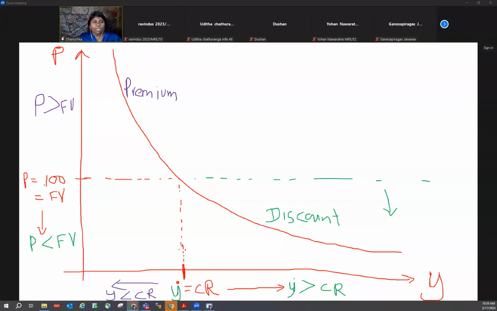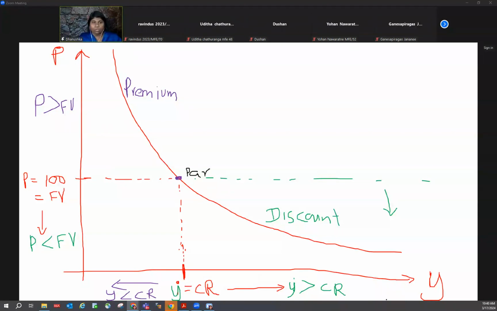So when your price is equal to face value here, I get a par bond. Everywhere else, I will get discount bonds if my yield is greater than coupon rate, or my bond will be selling at a premium when my yield is less than my coupon rate.